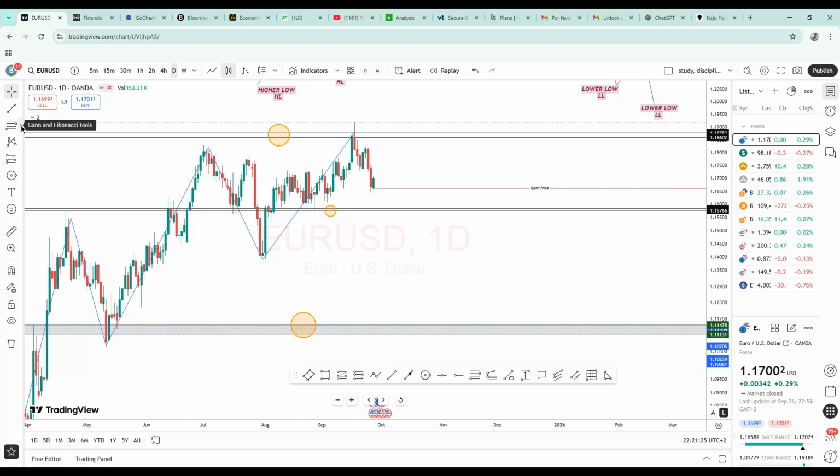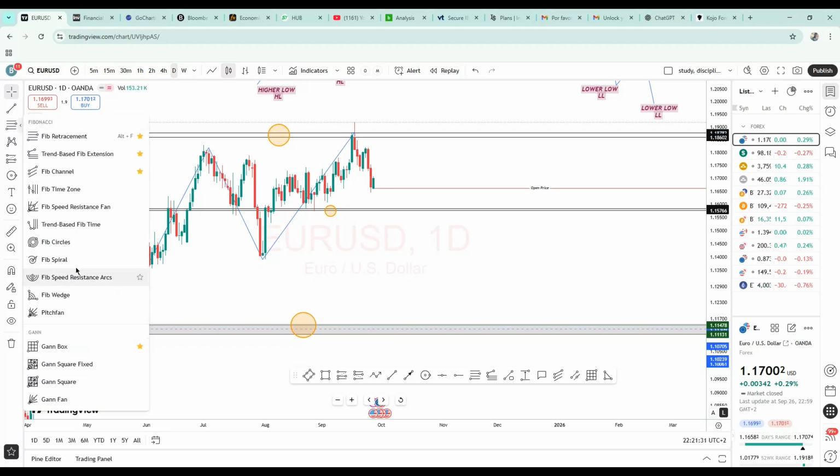You click on that arrow, and then everything will open. You can see that the ones I have put as my favorites have a yellow star. So when you are using your computer, this is how you do it.